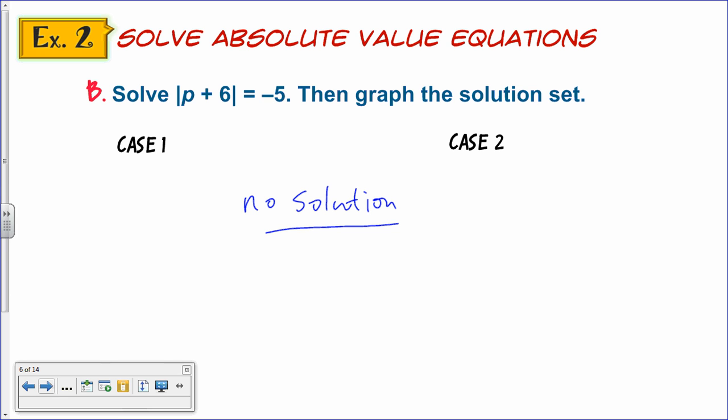Can't change anything. What am I gonna change? Well, that's how you know if it's already a no solution. Just a quick way. There's no way we can have a negative answer in an absolute value problem. You guys understand that?